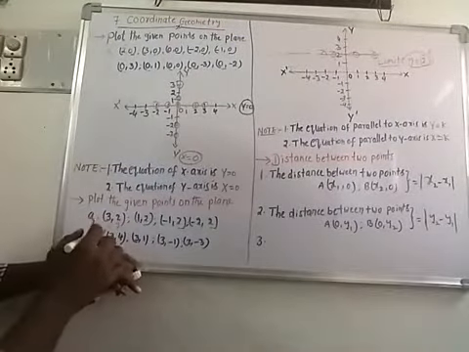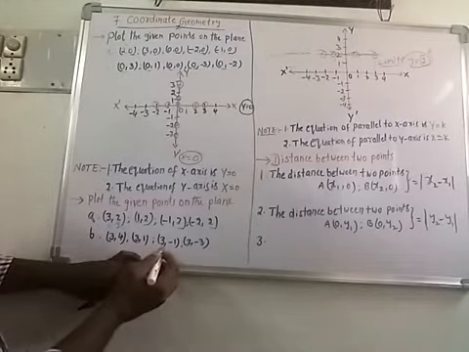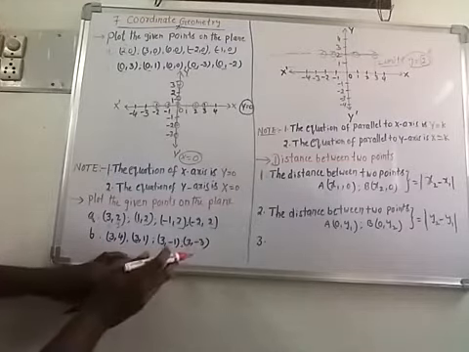And now plot these points: 3 comma 4, 3 comma 1, 3 comma minus 1, 3 comma minus 3. So 3 on x-axis, this is the x coordinate, this is the y coordinate.